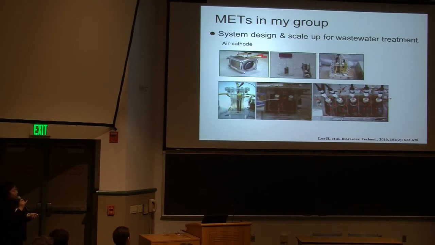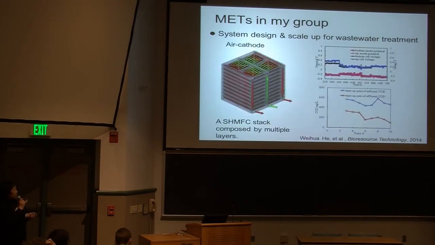The design scale is liters. Recently we published a paper on a 1 cubic meter, stackable composed system that can treat real wastewater. The COD removal and nitrogen removal are not too bad.